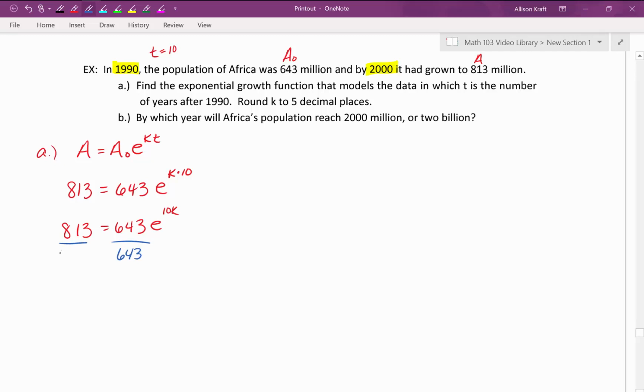We'll divide each side by 643. 813 divided by 643 does not go in nice. We get a decimal, but we don't want to round on the first move of solving our equation, so we're going to leave the fraction.